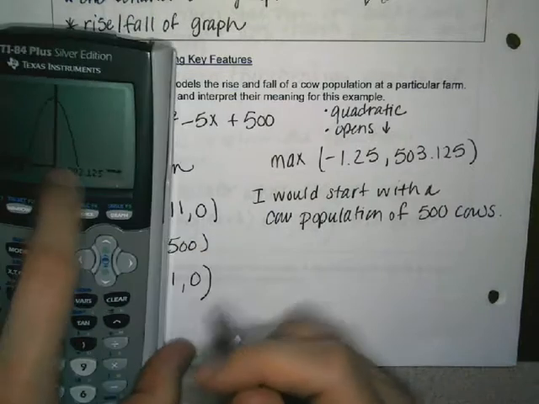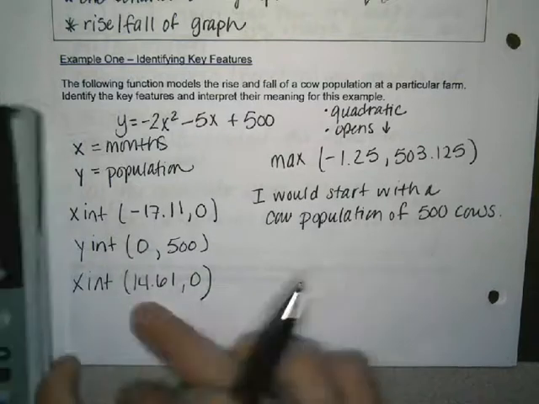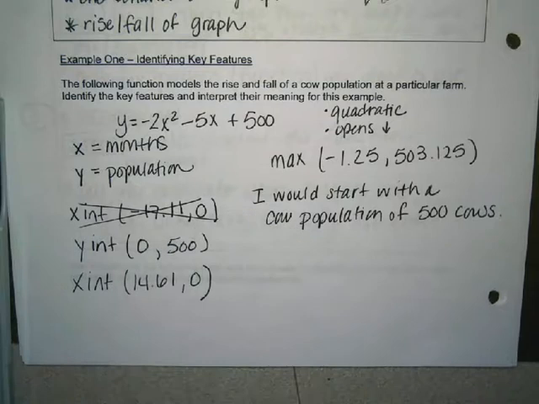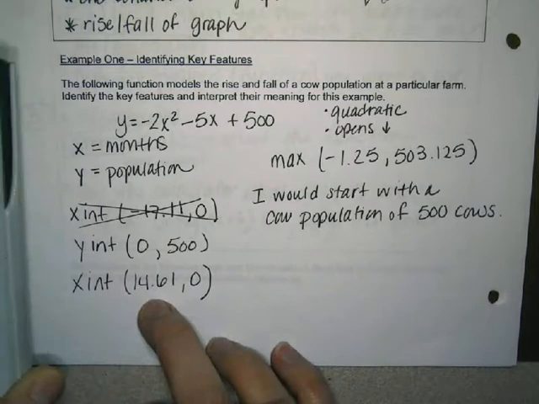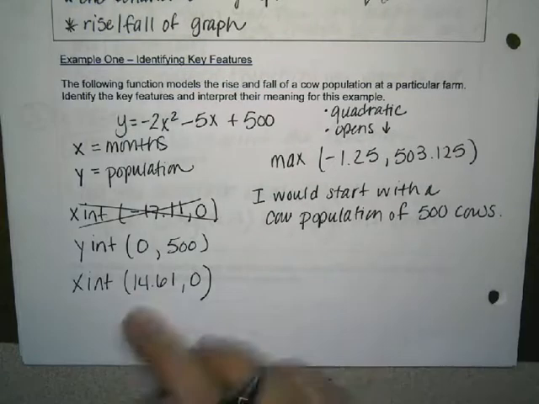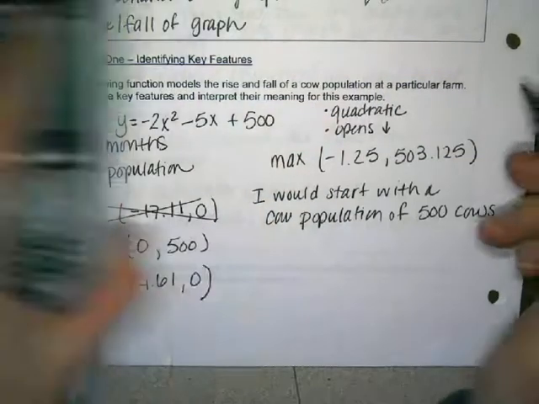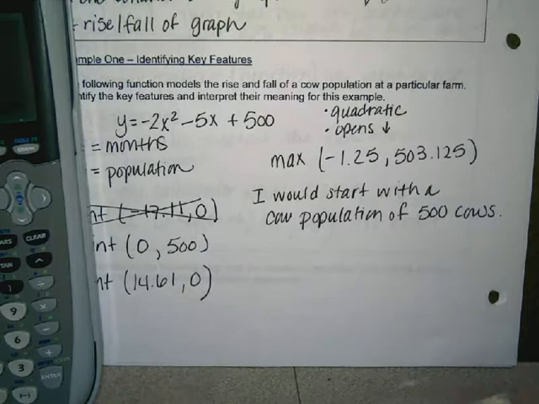Then the other x-intercept here that is on the positive side, because this is the one that really matters, and maybe we can even cross that out, but let's talk about this one first. So it's 14.61. If 14.61 is what months represent, then what this is saying is that the population of the cows will be 0 at 14.61 months.